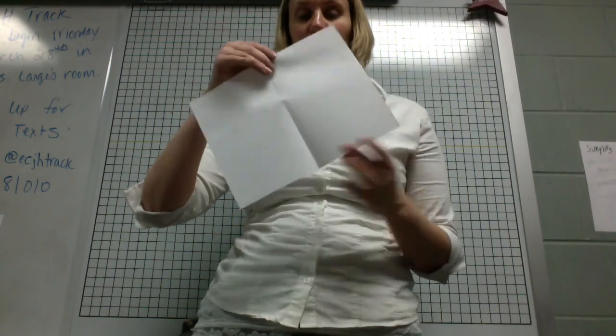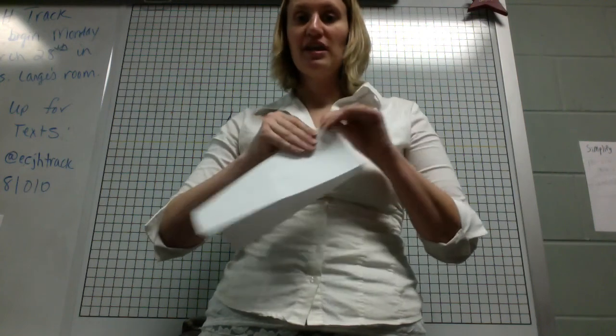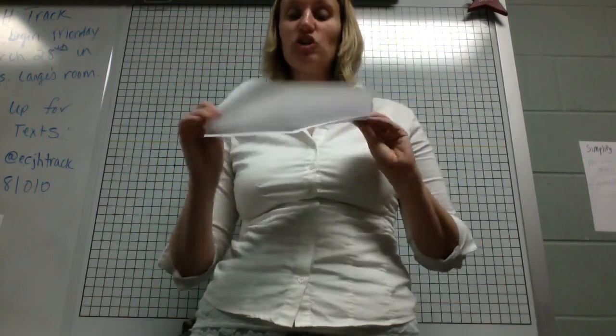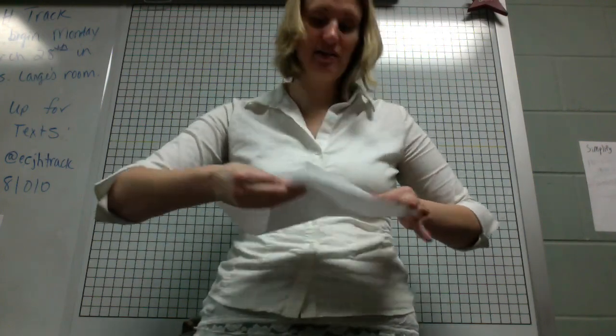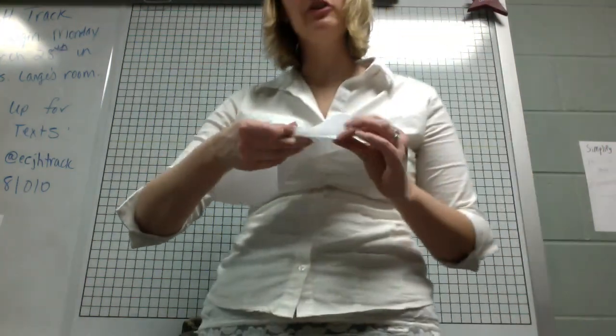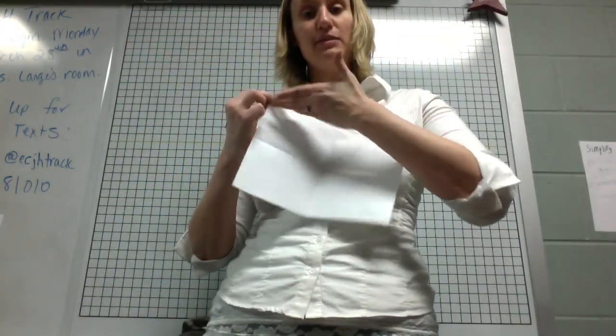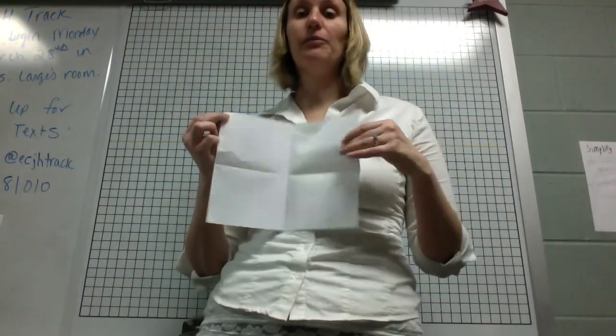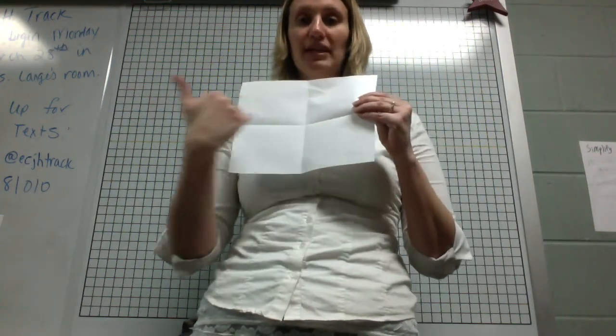If I fold it along the horizontal line of symmetry, same thing. It's a mirror image. Everything matches up. If I try to fold it diagonally, you can see that not everything matches up. I have extra paper here and extra paper here. So there is no line of symmetry diagonally on a rectangle. So a rectangle has the two lines of symmetry.